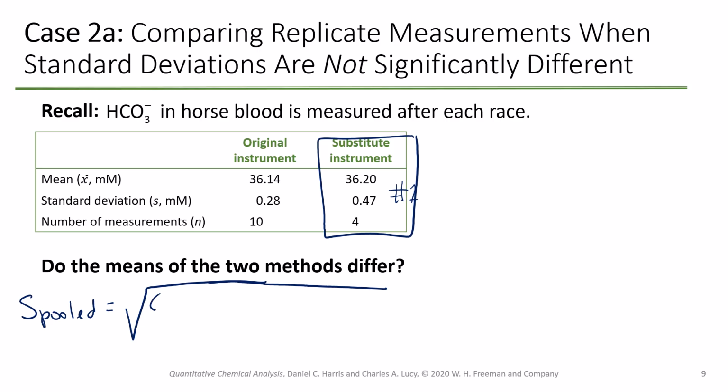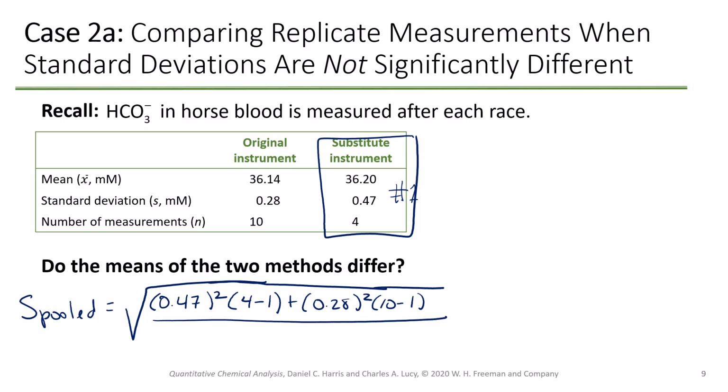So it's going to be standard deviation squared, times the number of measurements minus 1, plus the standard deviation of the second one squared, times 10 minus 1, divided by N1 plus N2 minus 2. So 10 plus 4 minus 2. Also degrees of freedom, because your t-table only has one column, it doesn't have multiple degrees of freedom. So this, only for a case 2A, will be N1 plus N2 minus 2.